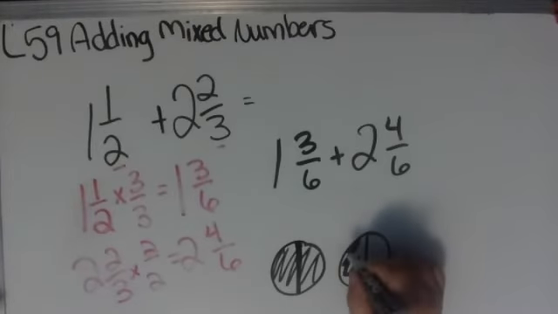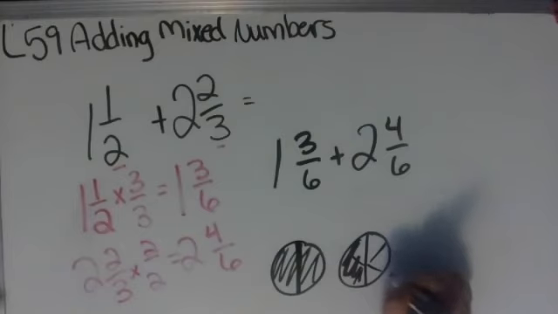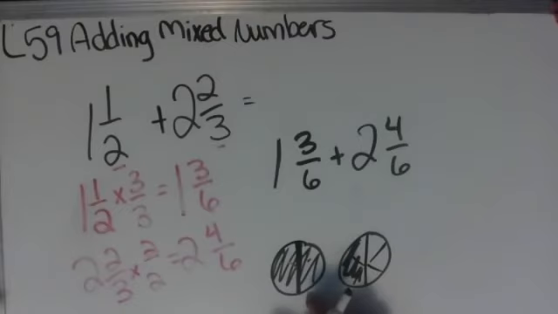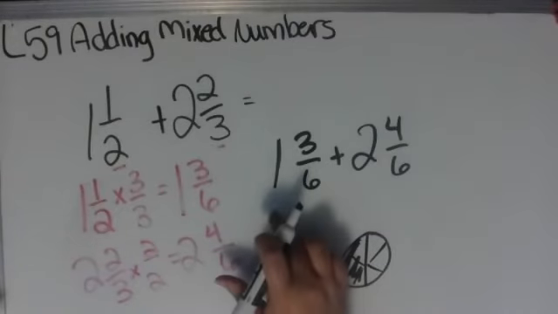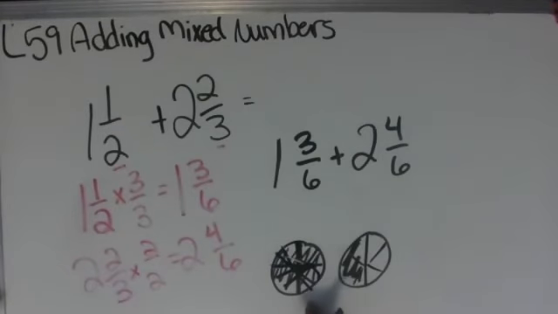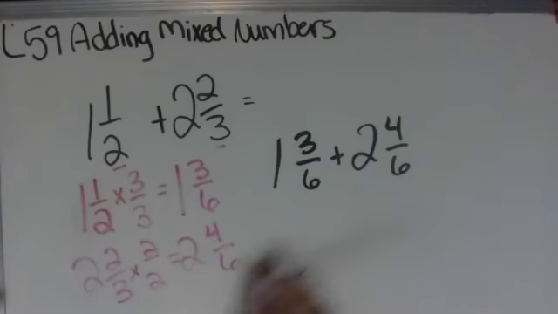So I'm changing this one into 6ths, and I'm changing this one into 6ths, but it's still fully filled in. The fact that it's fully filled in does not change. That's why it's still 1. I can do as many pieces as I want in here. It doesn't change the fact that it's fully filled in. That's why your whole numbers do not change.